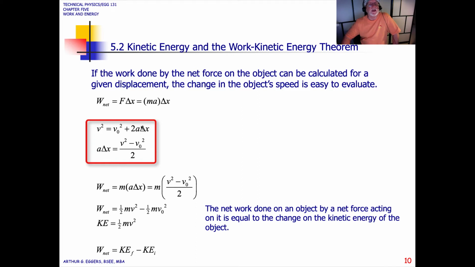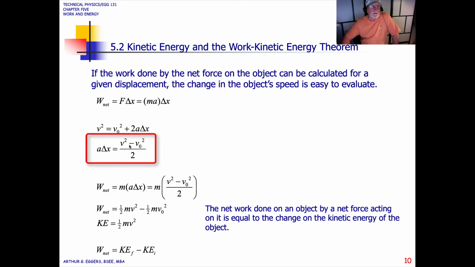So let's take this and move our terms around so that we have the acceleration and the distance on one side of the equation and everything else on the other. So if we move the velocity initial squared to the other side, we subtract it, and then we divide both sides by 2. We end up with acceleration times distance is equal to velocity final squared minus velocity initial squared, over 2.